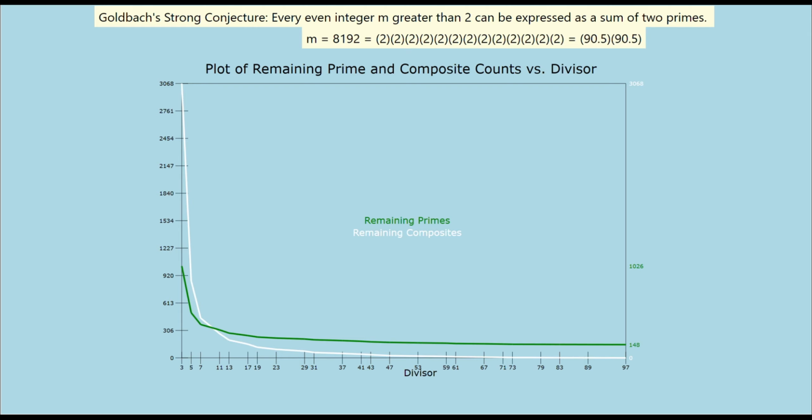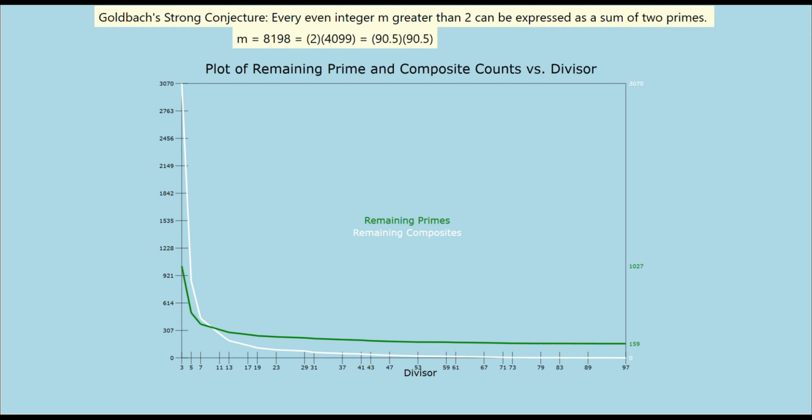Now let us conclude by considering the values of m that do have small odd prime divisors. Consider the case m equals 1000. Here is its histogram sequence.